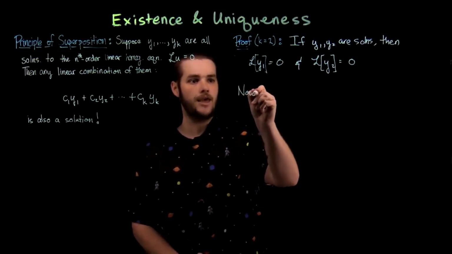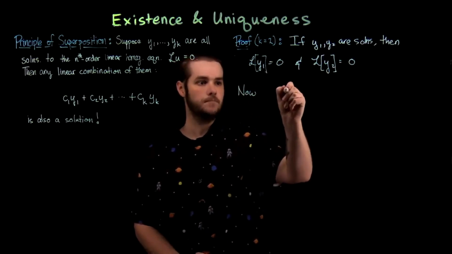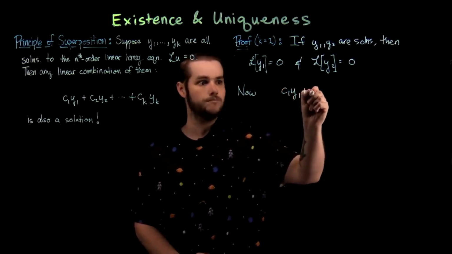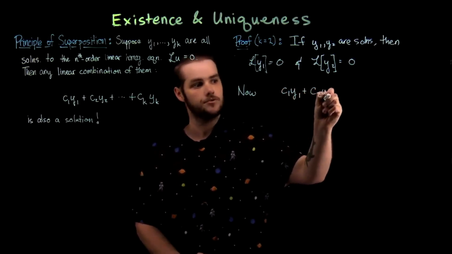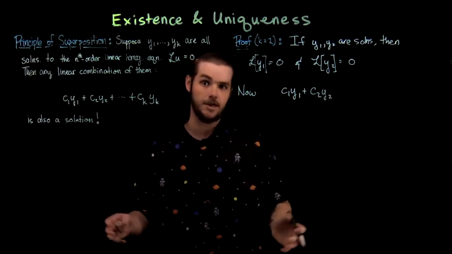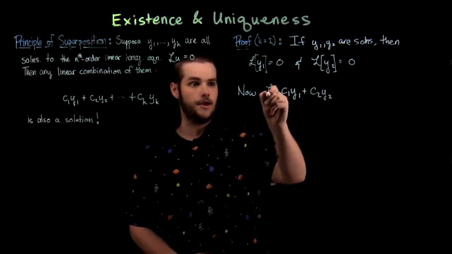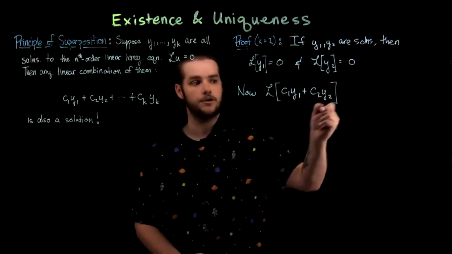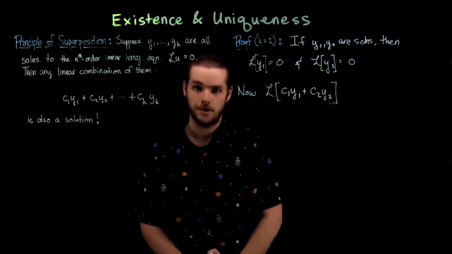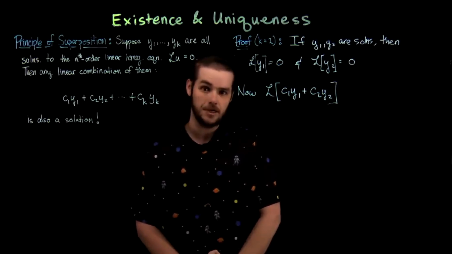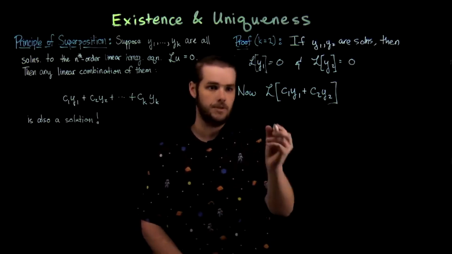So now, if I take a linear combination of them, remember that can be any number times y1 plus any number times y2. Notice I have not specified anything about the values of those constants. But if I take this guy and I hand it my differential operator, let's watch what happens. Well, the most important part immediately is that it's linear, so I can reduce this quite a bit.